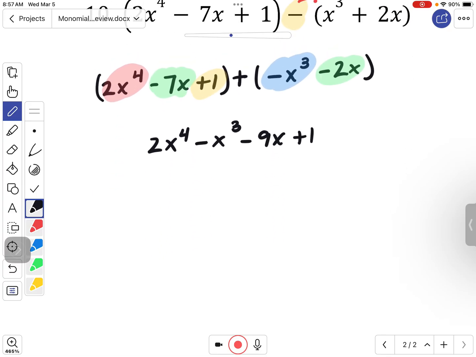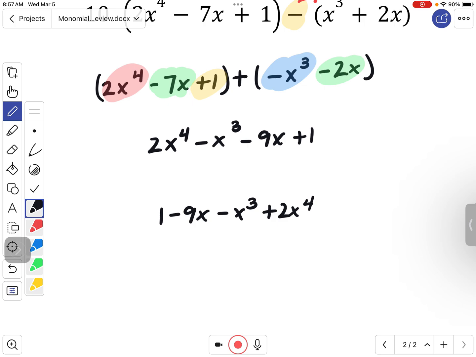Now, if you got an answer that looks something like this, 1 minus 9x minus x to the third plus 2x to the fourth. Okay, your directions say put them in standard form. Standard form means your highest power first. So if they were set up differently and you got that second answer, you would have to switch it so your highest power is first, which is that 2x to the fourth.